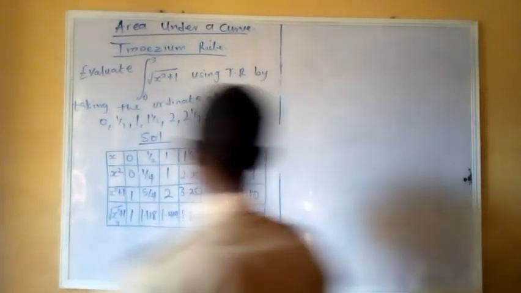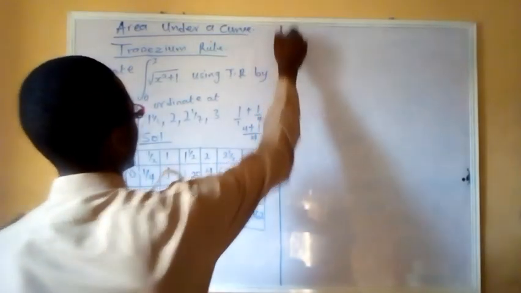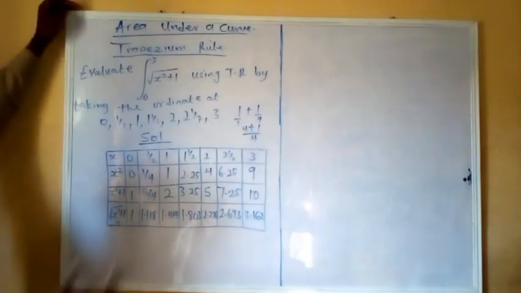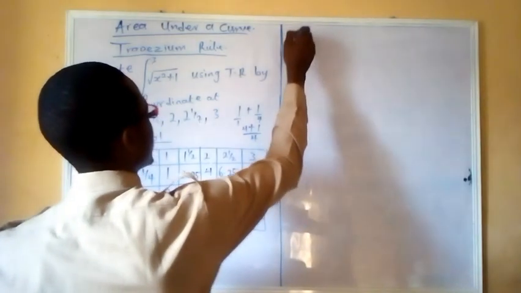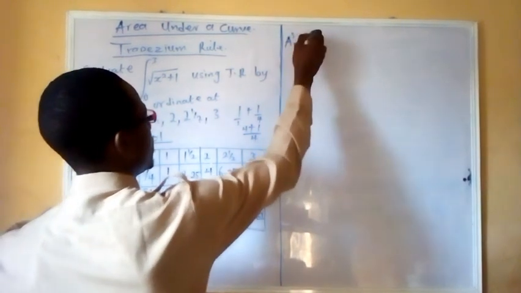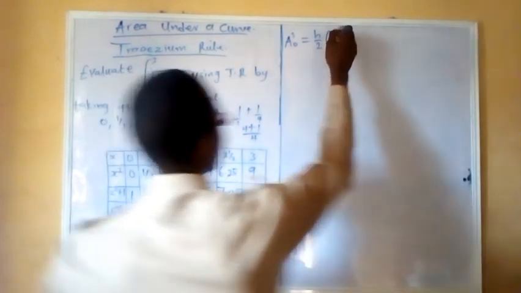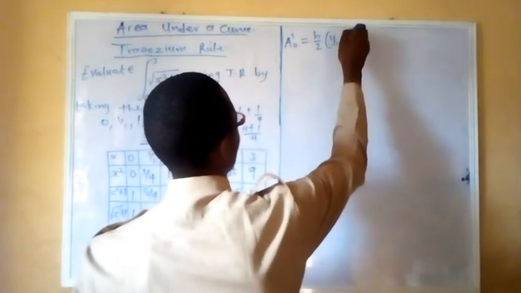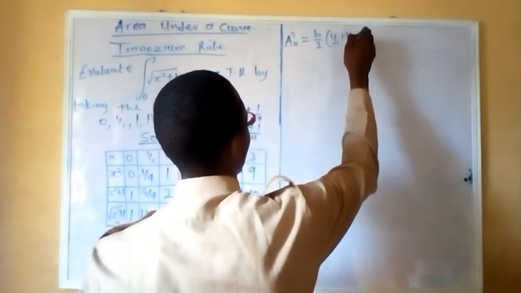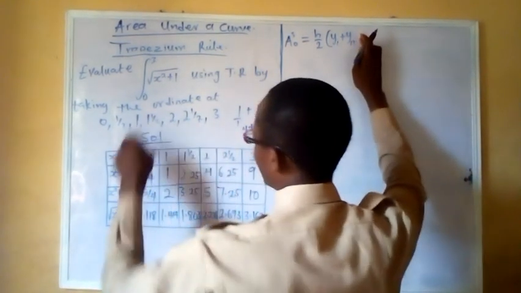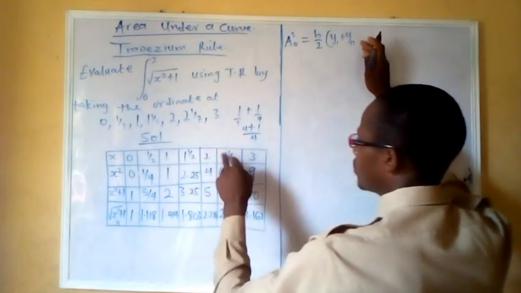So then we can evaluate our integral. How do we make use of it? Using the formula, the area from 0 to 3 equals h over 2 into brackets y1 plus yn, and yn here ends at y7, since we count 1, 2, 3, 4, 5, 6, 7.